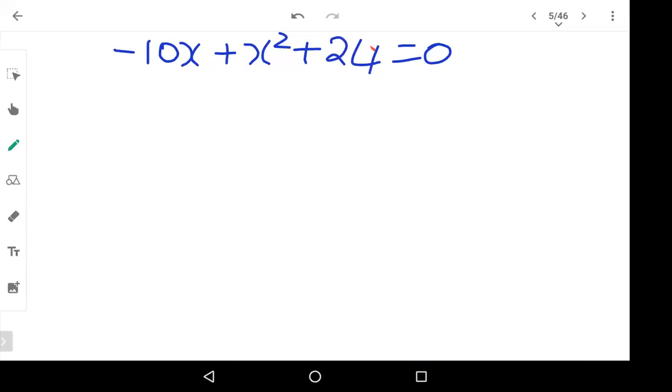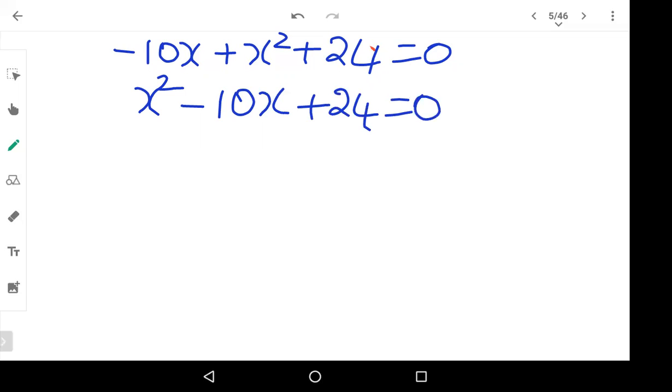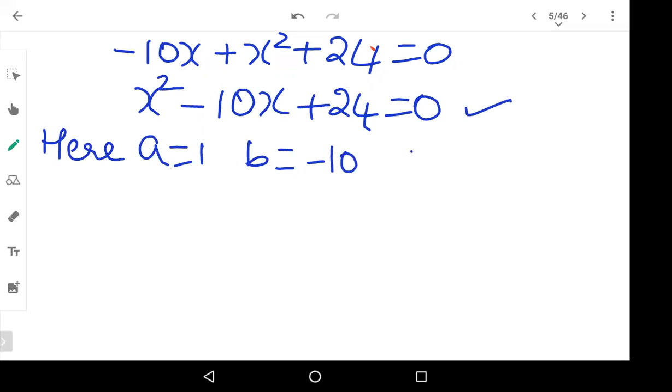Now rewrite this: x square minus 10x plus 24 is equal to 0. Now for this equation, solve. Here a is equal to 1, b is equal to minus 10, c is equal to plus 24. Are you all able to follow?